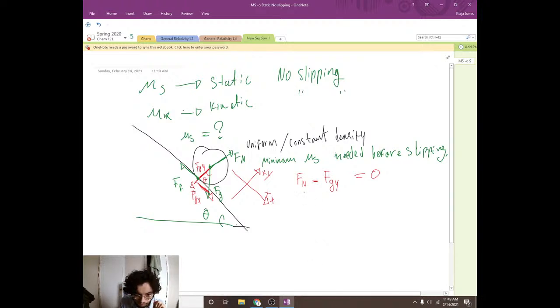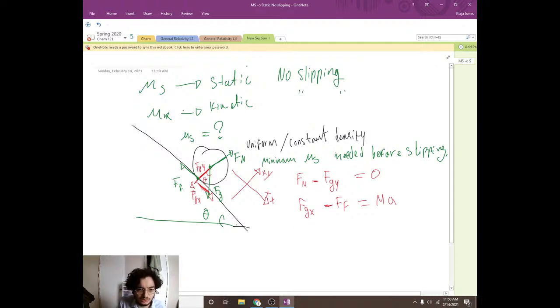Then we can do the same thing for the X direction. We see that the force of gravity in the X direction minus the force of friction equals the mass of the ball, or the object that's rotating, times its acceleration, because of course it's going to move.